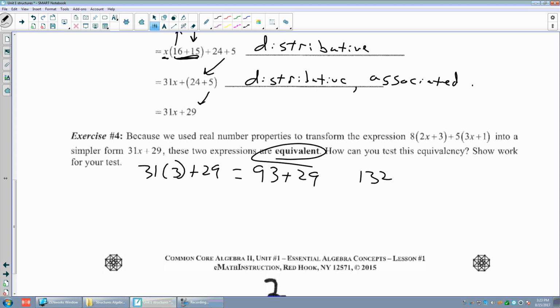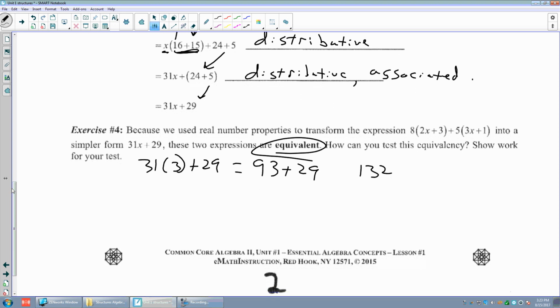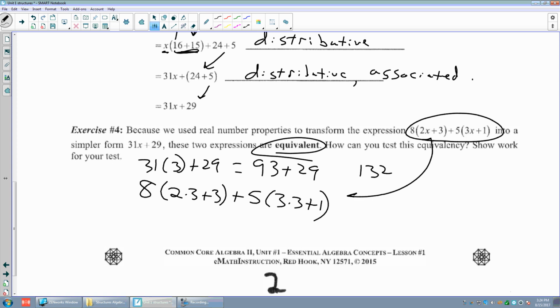Got it. Checked. 132. Now, we didn't complete the check. We have to take the 8 times (2 times 3 plus 3), plus 5 times (3 times 3 plus 1). Do order of operations. 2 times 3 is 6, plus 3 is 9, times 8, plus 3 times 3 is 9, plus 1 is 10, sorry.